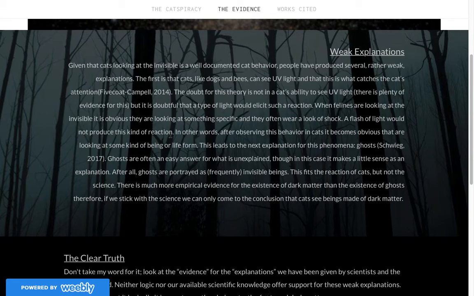There's no citation there, no cat behaviorist citation supporting that this is in any way true. The rest of this whole section is based on these unsighted assumptions, so it is begging the question and using roundabout logic. Additionally, it presents a false dilemma, because when you get into the meat of it, it really gets into ghosts versus dark matter beings, and that is clearly a vast oversimplification of what cats may or may not actually be seeing.